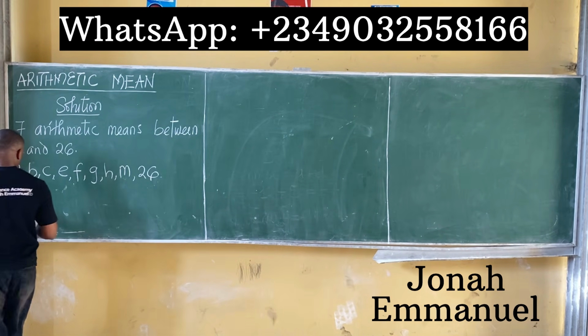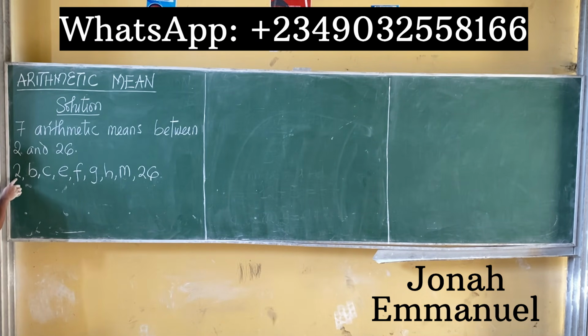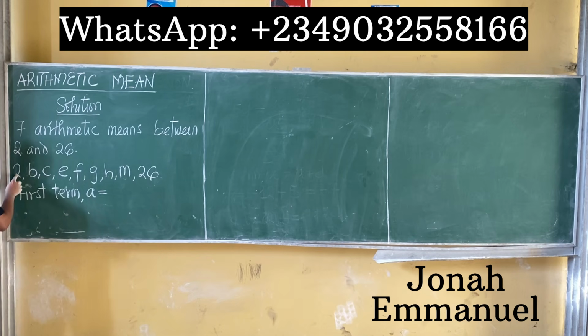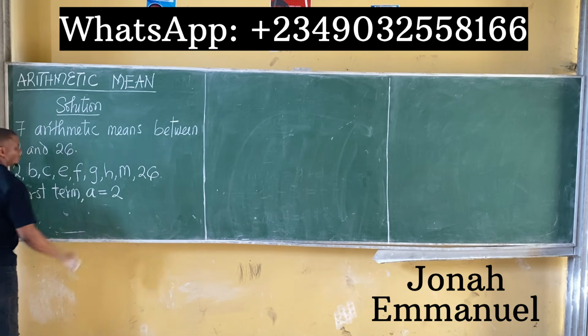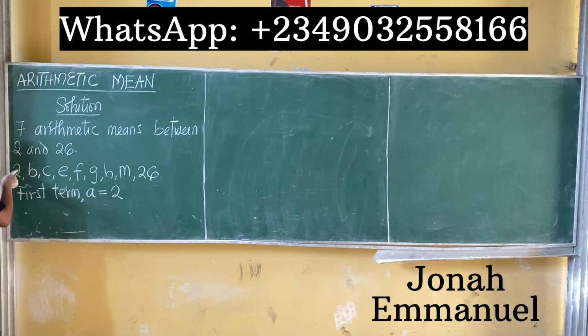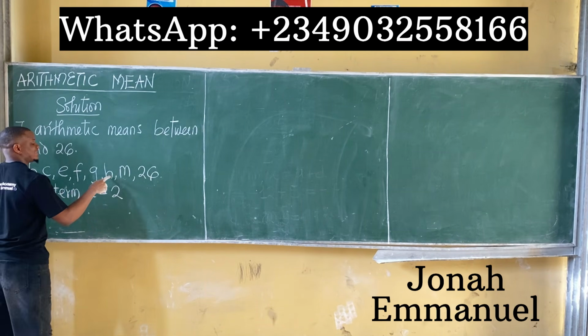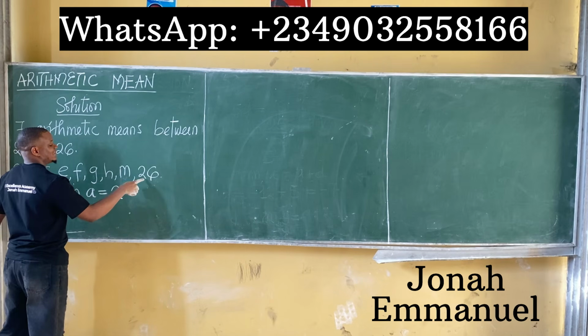First things first, we say let A be my first term. So first term A will be equal to what I have here, which is 2. So this is first term, second term, third term, fourth term, fifth term, sixth term, seventh term, eighth term, ninth term.